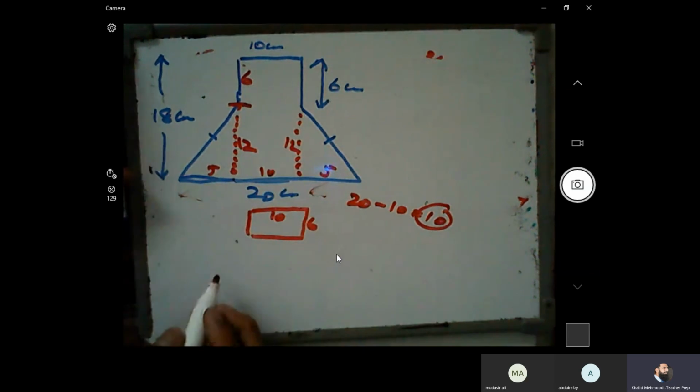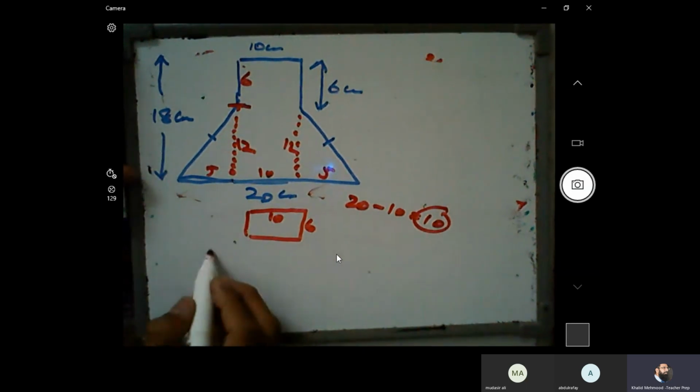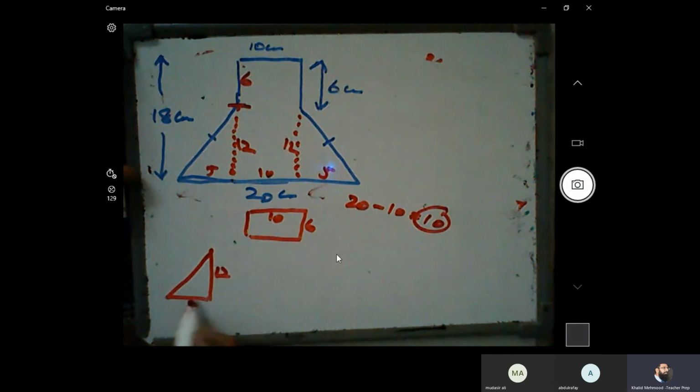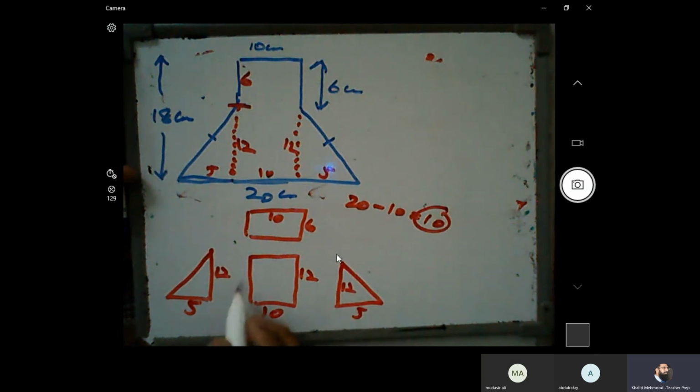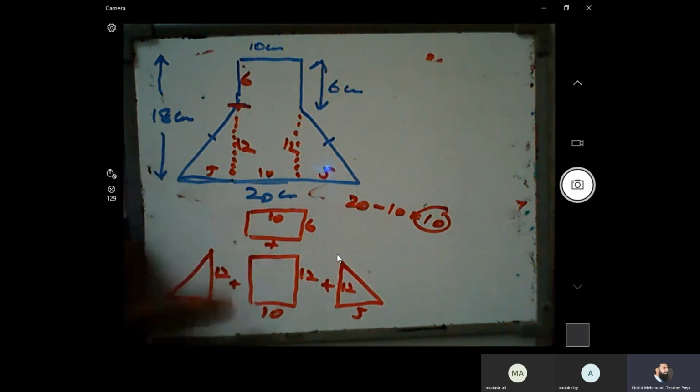So now we have a triangle measurement of 12 and 5, a rectangle of 12 and 10, and a triangle measurement of 12 and 5. So we need to calculate these 4 areas, 2 triangles and 2 rectangles.